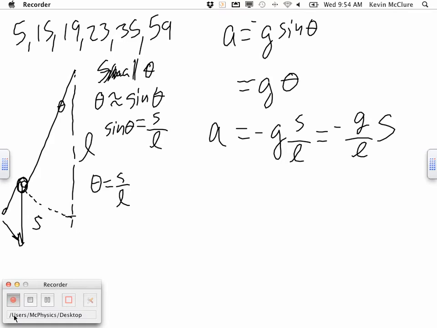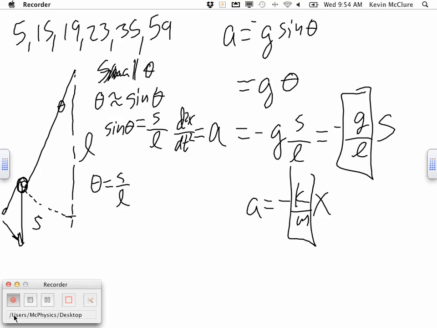Now, do you see that this, which is d2x over dt squared, looks the same as what we got when we derived the other one? When we got the acceleration of the spring, we got negative k over m times x. So this part right here is similar.